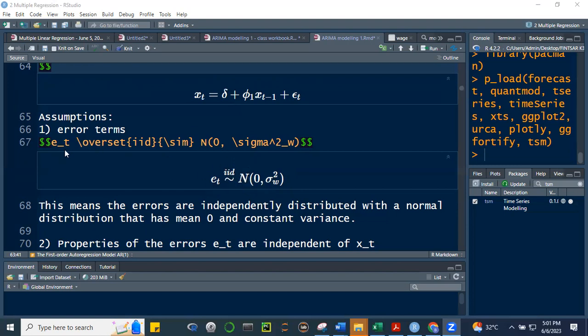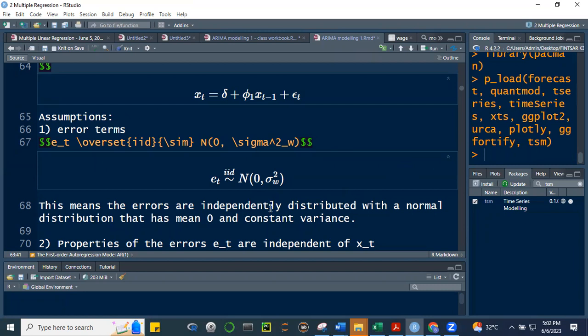E sub t, with the overset IID on top, then the sim symbol, then N(0, sigma squared w). So that's the way to write this notation in LaTeX.